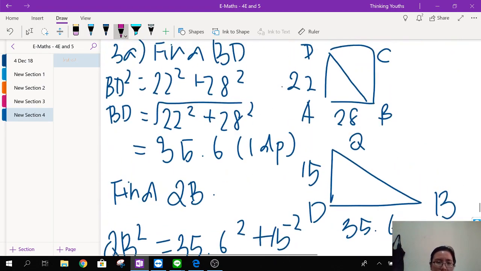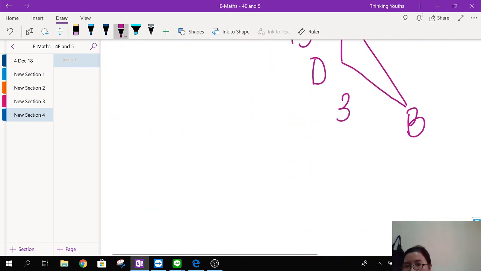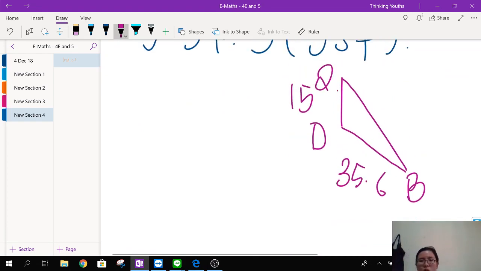DB is based on the question 3A that we found out, 35.6. So we need to find out the angle here.